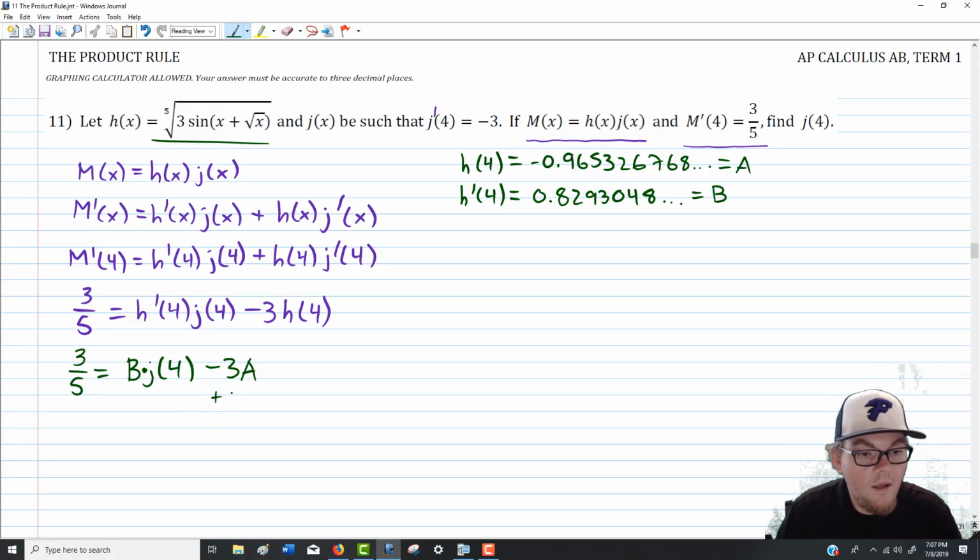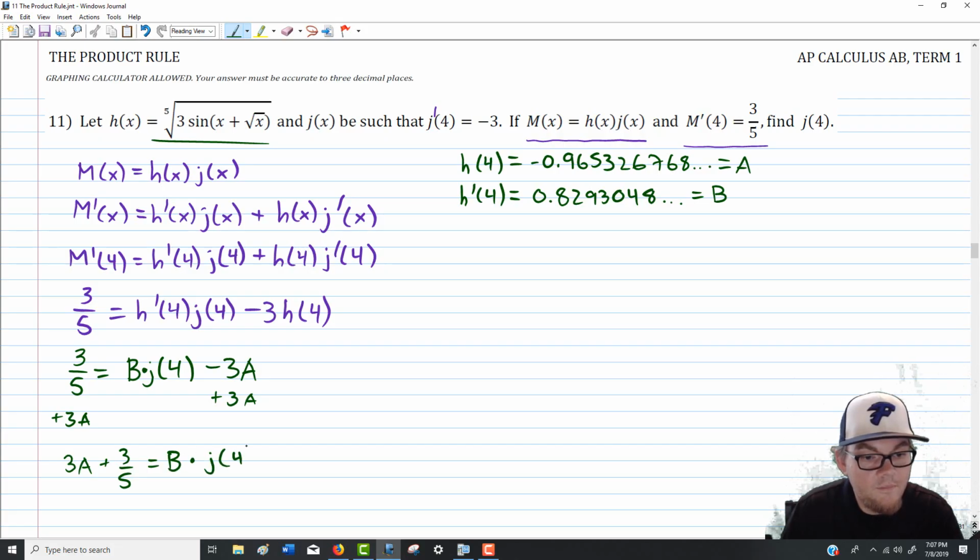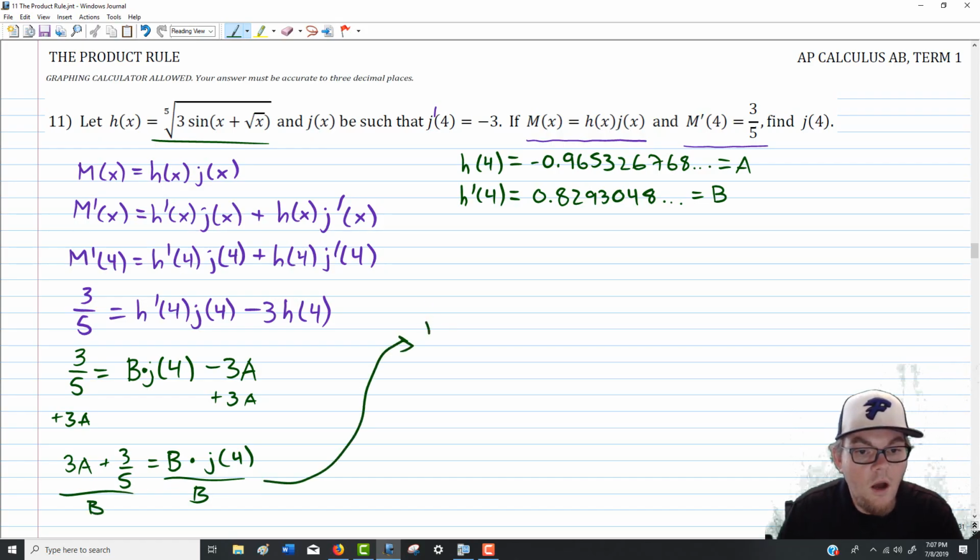So moving some stuff along, I'm going to add 3a to both sides. We're going to get 3a plus 3/5 is equal to b times j of 4. And last but not least, we'll just divide both sides by b. So in other words, our function value, j of 4 that we want, is equal to 3a plus 3/5, or you could also write that as 0.6, all over b.